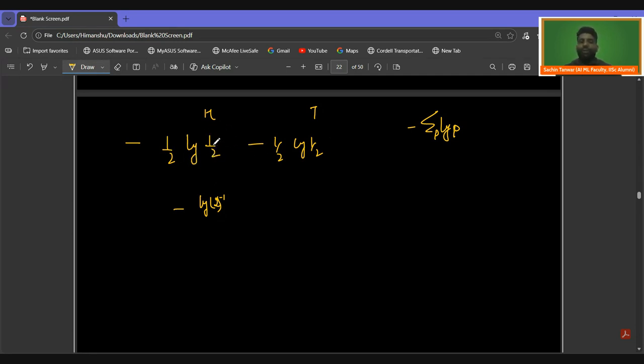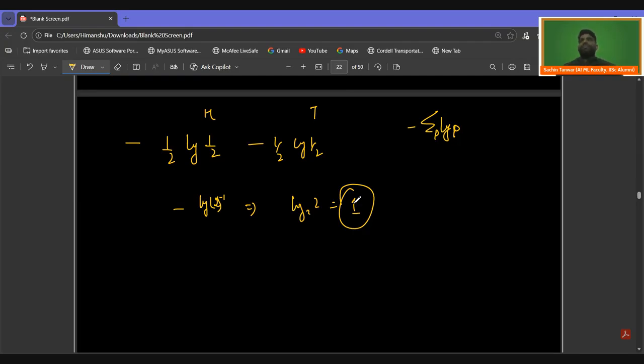Log half I wrote as 2 to the power minus 1. I hope you know the formula: this power comes up over here. So it would be just log 2, and the base is also 2. So I'm getting the highest uncertainty. Always remember, this is the maximum value you can get for entropy, that is 1.